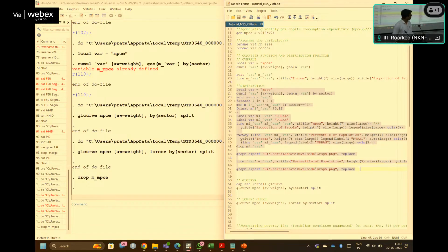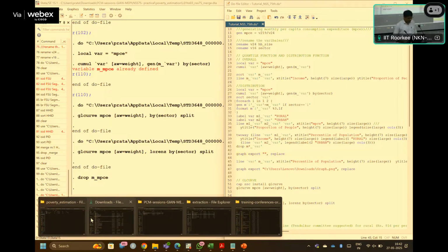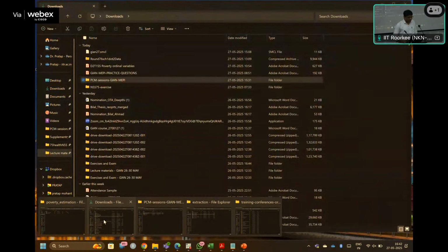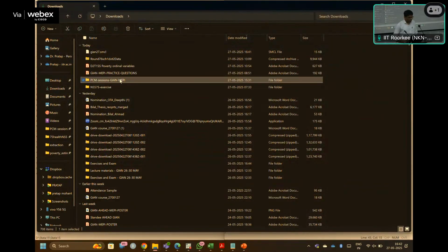Okay, the graph will be exported somewhere, right? Yeah, let's run and see. At this moment, we'll just export it to a place. Download it is in. So I'll just give a path name here, maybe to this folder.